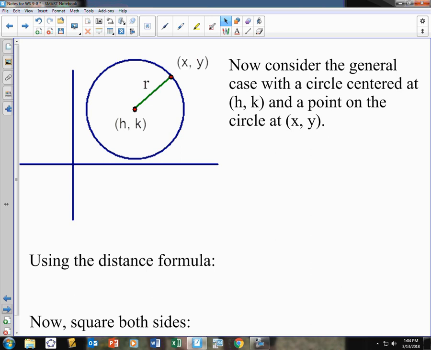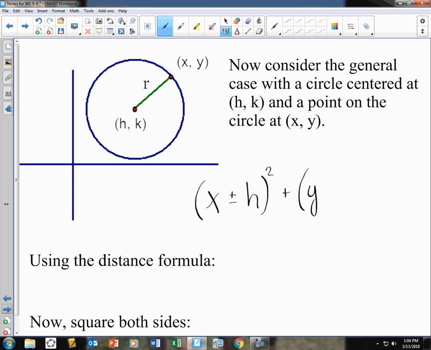The equation of our circle is going to look something like this. We are going to have (x plus or minus h) squared plus (y plus or minus k) squared equals the radius squared. That is our general equation for a circle.